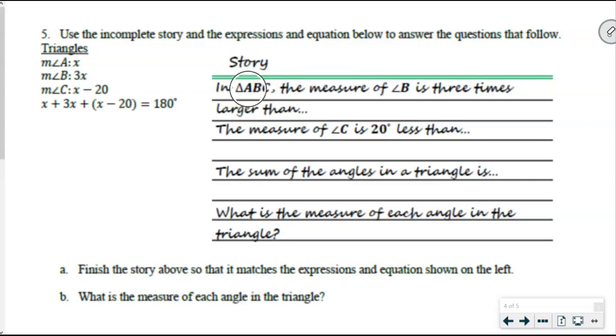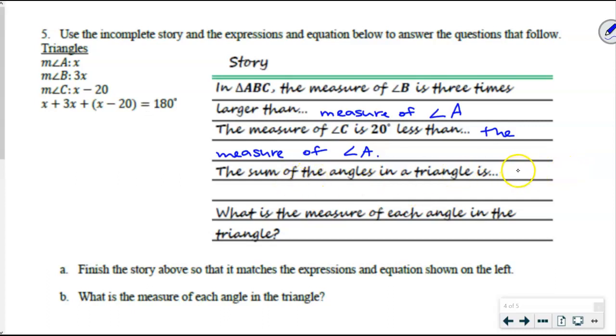In triangle ABC, the measure of angle B is 3 times larger than the measure of angle A. This M stands for measure of angle A, measure of angle B. And the measure of angle C is 20 degrees less than the measure of angle A. The sum of the angles in a triangle, in case you forgot from last year, when we add these three together, we get 180.